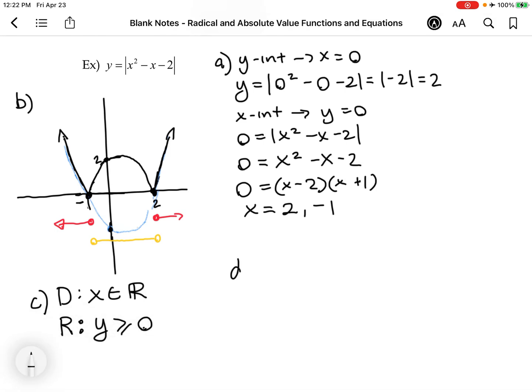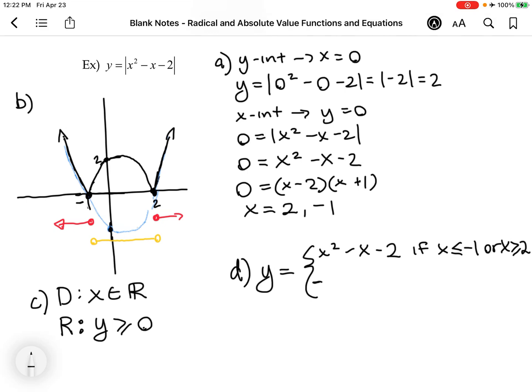So for part D, y is going to equal the original function, which is x squared minus x minus 2, if x is less than or equal to -1, or x is greater than or equal to 2.